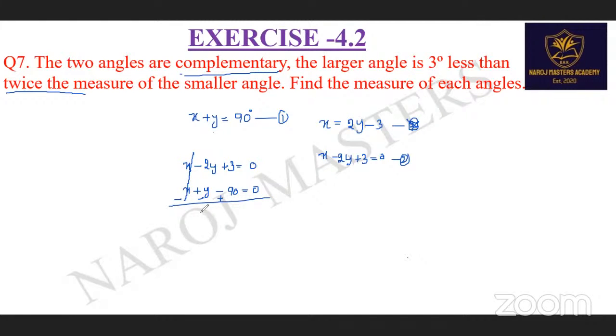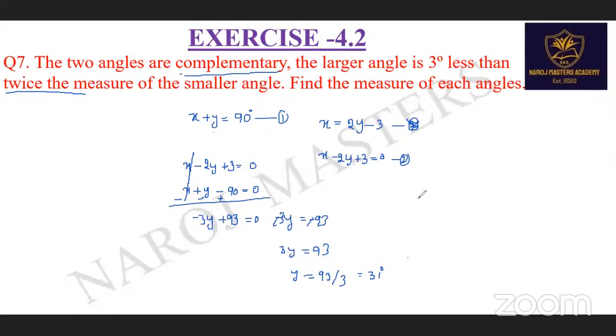Minus 2y minus y is minus 3y, and 3 plus 90 is plus 93, equal to 0. So minus 3y is equal to minus 93, the minus signs cancel, 3y is equal to 93 and y is equal to 93 by 3. So y is equal to 31 degrees.